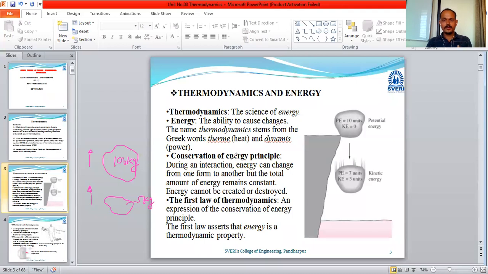That energy is not available with me. So I can lift this 5 kg. Then what does it mean?